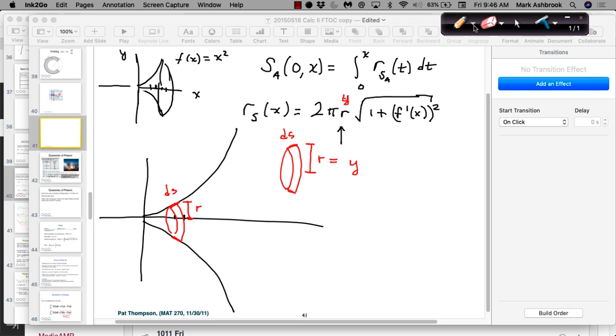What is y equal to in terms of x? x squared. So then my rate of change function becomes 2 pi x squared times the square root of 1 plus the derivative 2x squared. The derivative of x squared is 2x. So there's my rate function that I can use to write my net accumulation of surface area.